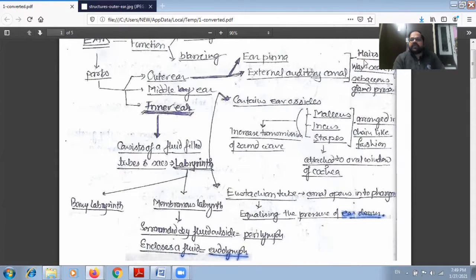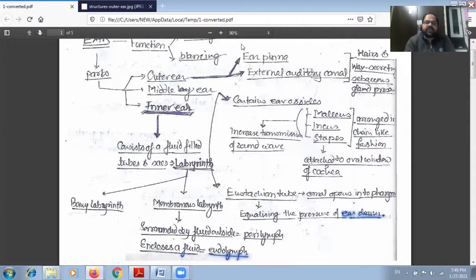Again we will see some details here. There is a cartilaginous external part which is called the ear pinna, and we have seen that there is a canal-like structure. That canal is called the external auditory canal or auditory canal, and it has hairs and wax secreting sebaceous glands.